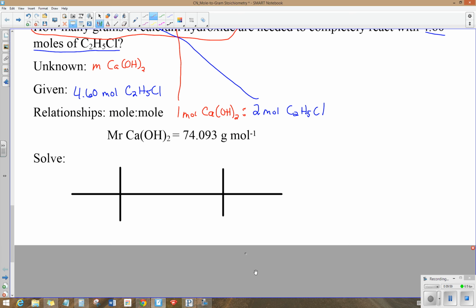Going through to solve, starting with our given, 4.60 moles of C2H5Cl.